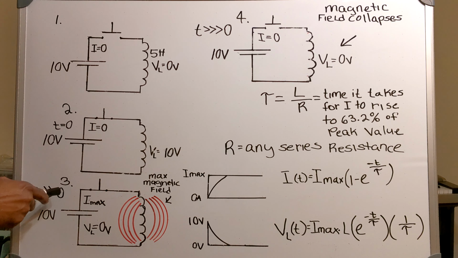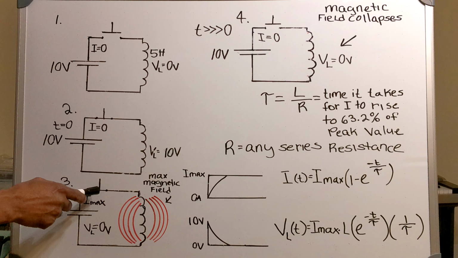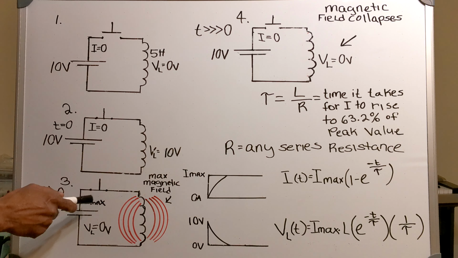Diagram number 3. The time is t much greater than 0. The switch is closed. The current is at maximum.